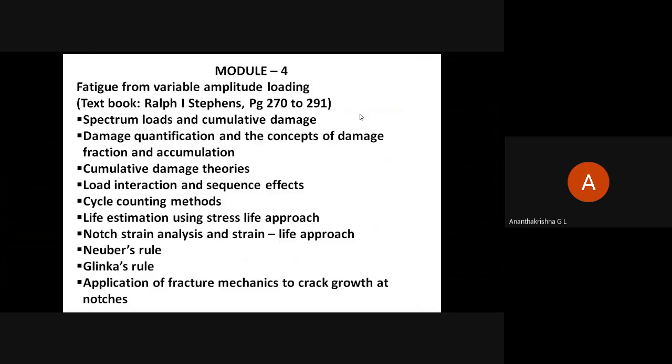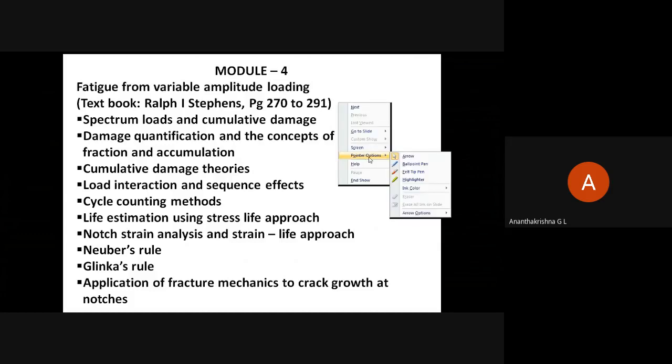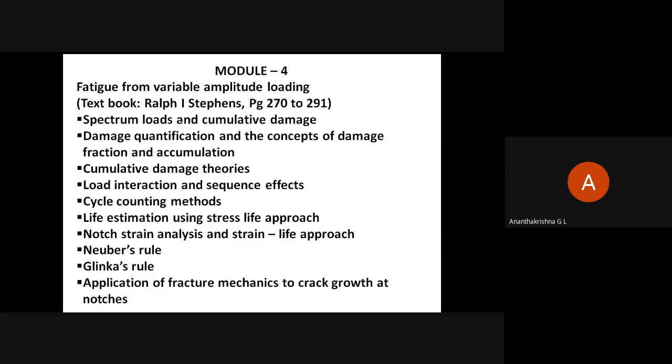What we need to learn from here is spectrum loads and cumulative damage, then quantifying the damage and concepts of damage fraction and accumulation, then cumulative damage theories, load interaction and sequence effects, cycle counting methods.